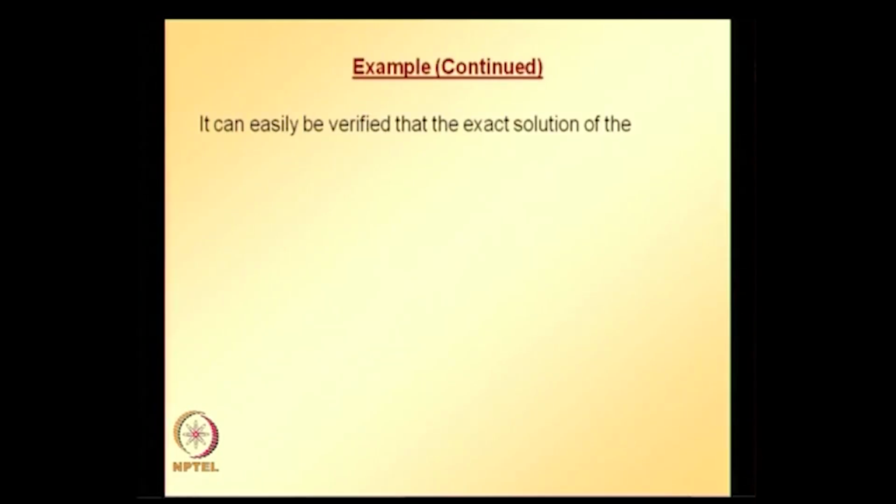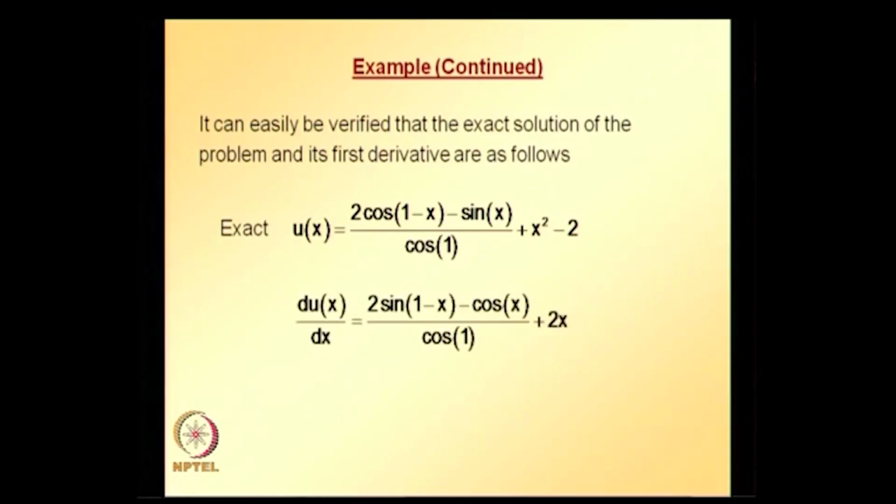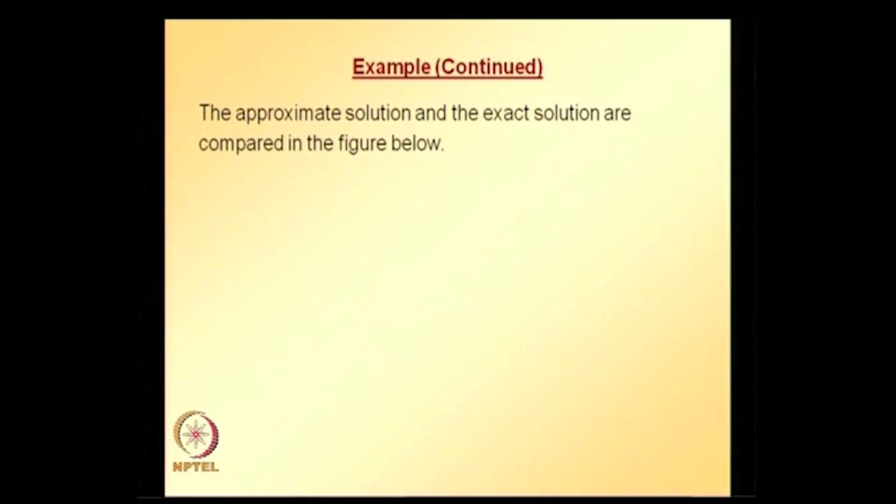This is what I mentioned, the exact solution for this particular problem can easily be verified. This is the exact solution, and if you take its derivative with respect to x, you get the first derivative. So now you have the approximate solution and also the exact solution for this problem, and let us see how they match.